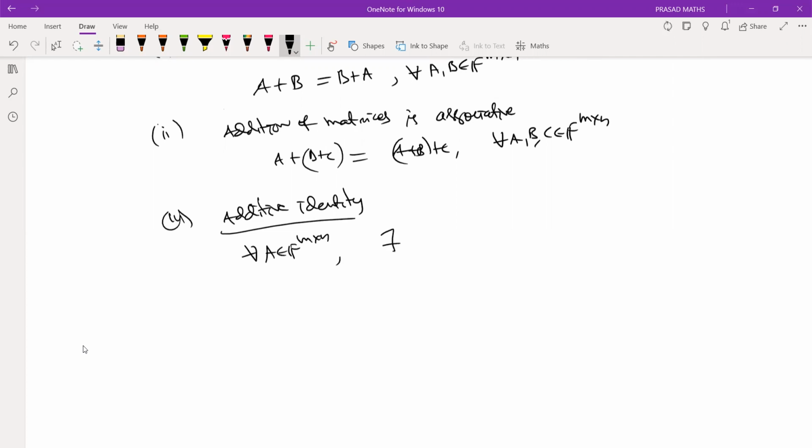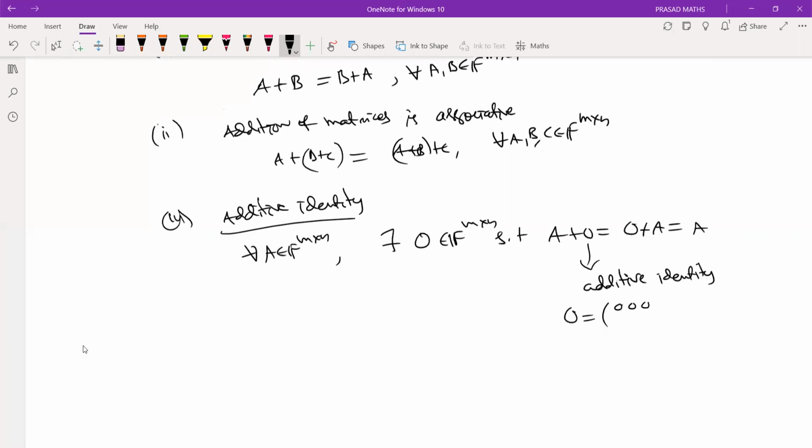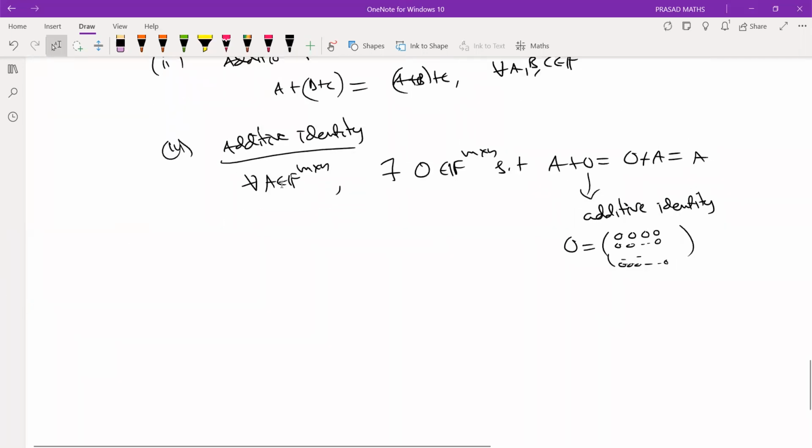There exists a matrix, which we call the zero matrix, such that A plus 0 is the same as 0 plus A, which is A. Here 0 is nothing but the additive identity, a matrix of zeros, an m by n matrix. So it satisfies the identity law with respect to addition.